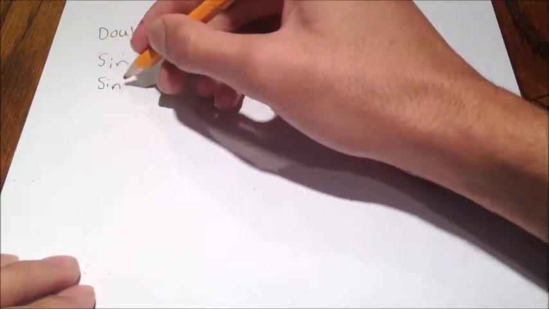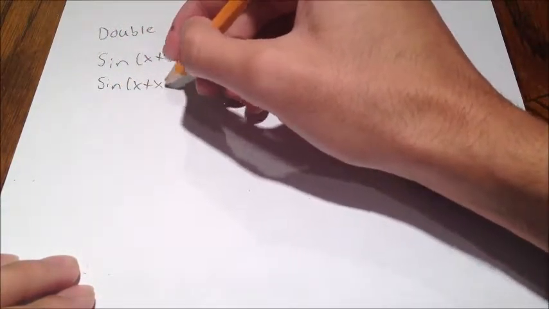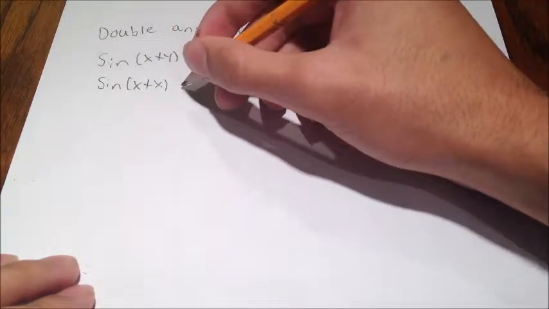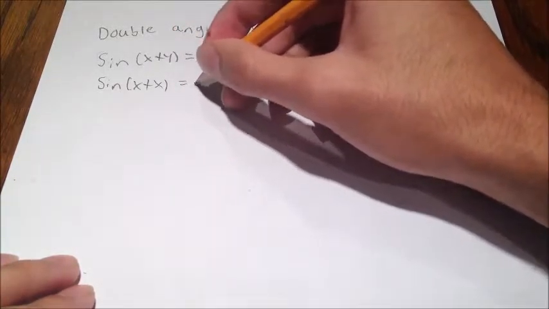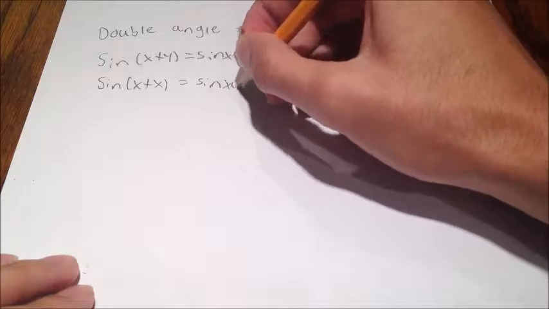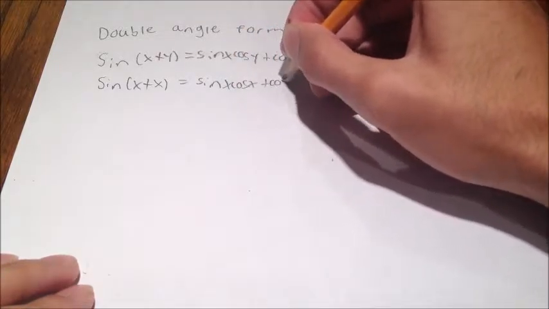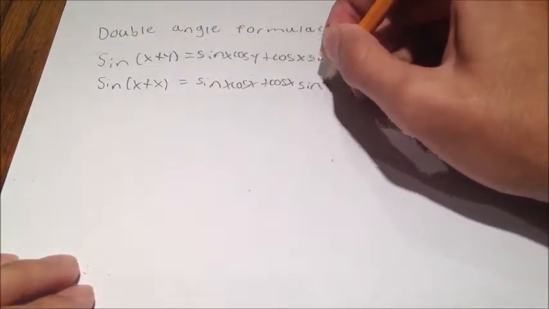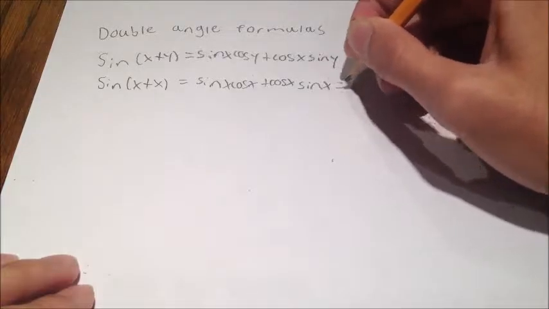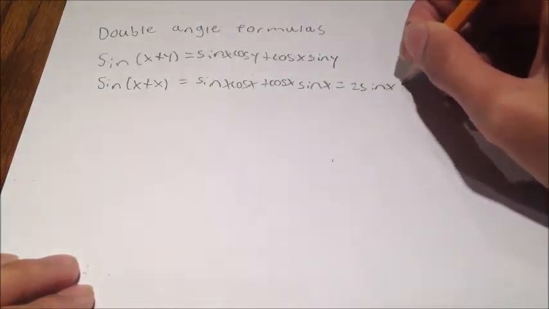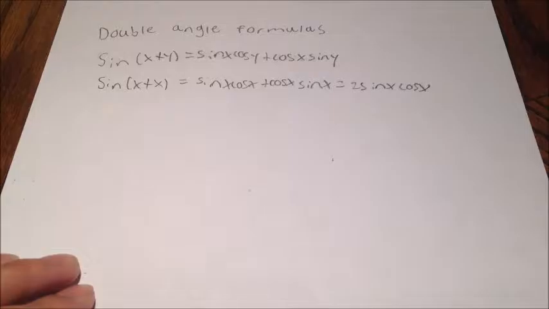So it would be sine x plus x if we want to do a sine double angle formula, which would be equal to sine x cos x plus cos x sine x, which is then equal to sine x cos x.